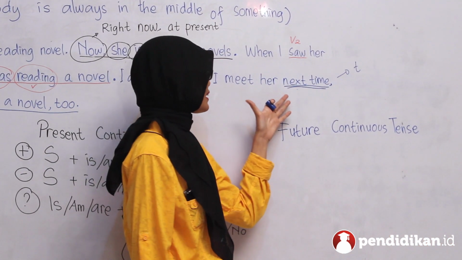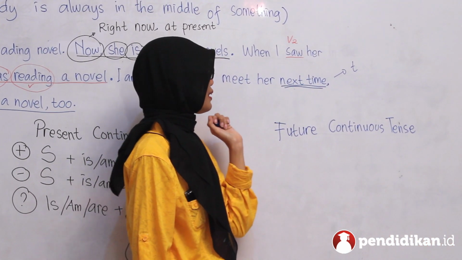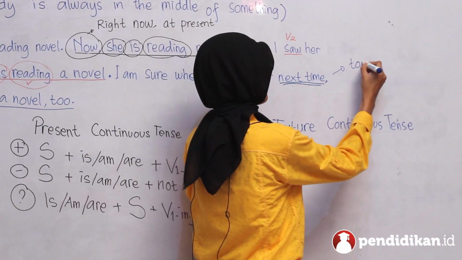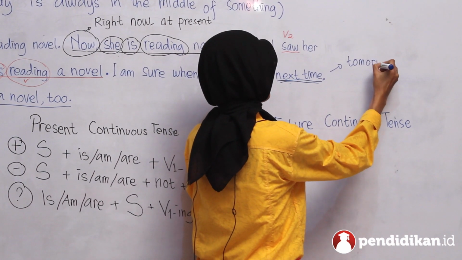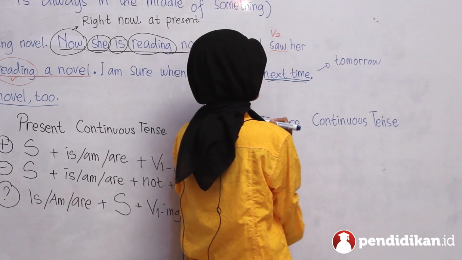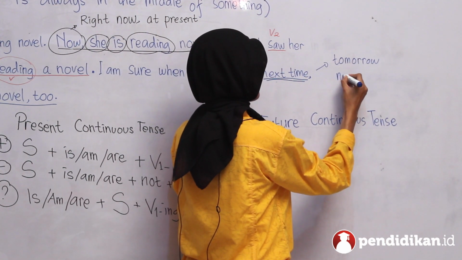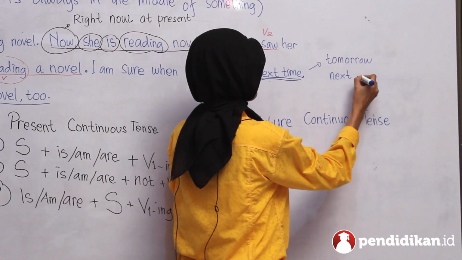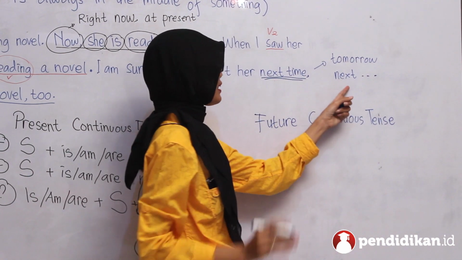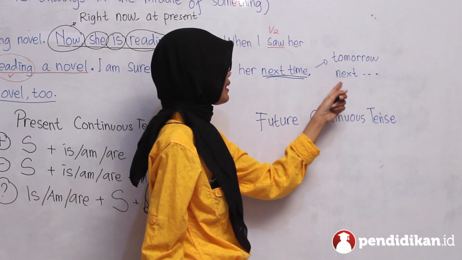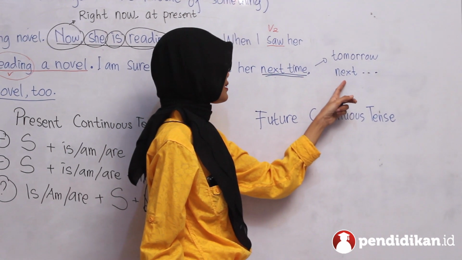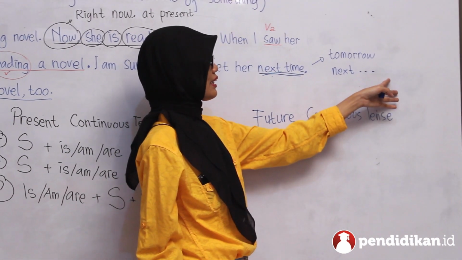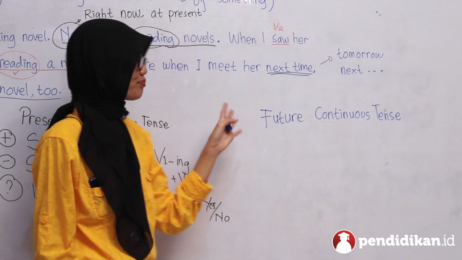The time signal: tomorrow, or next, blah blah blah. It can be next week, next month, next year, next Saturday. Okay.